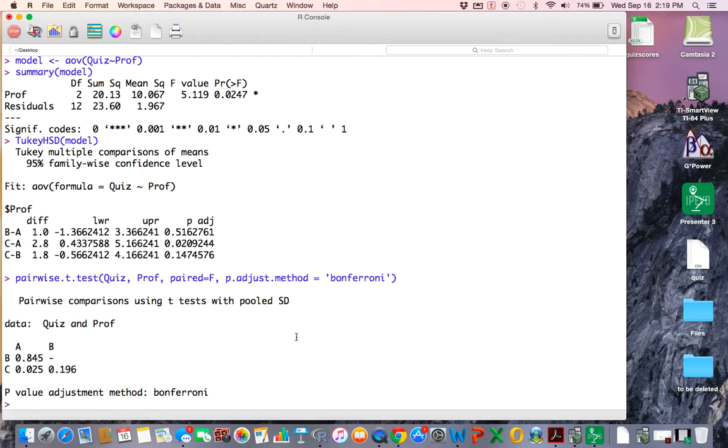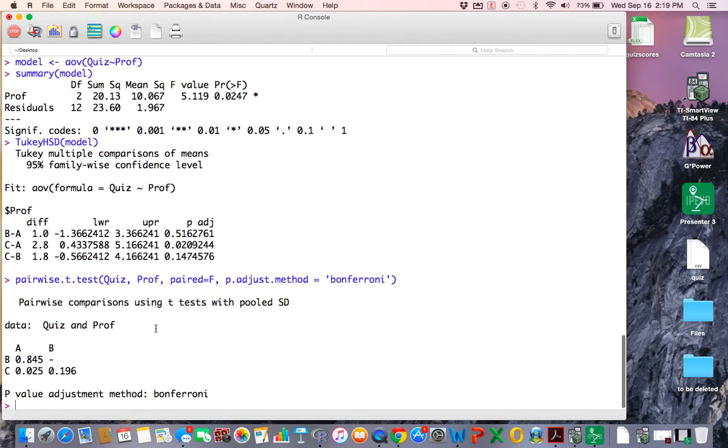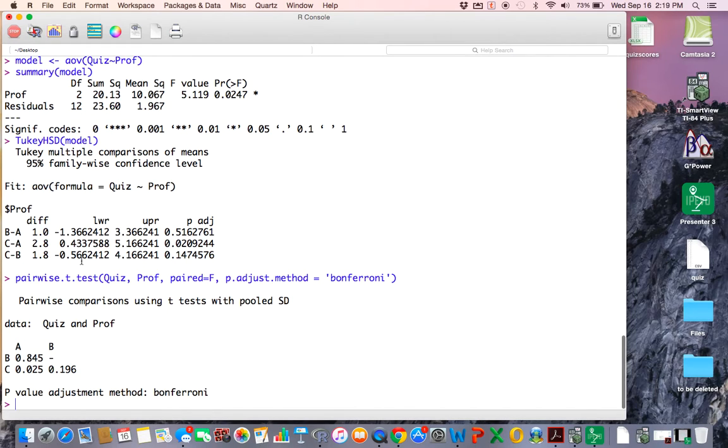So what we end up getting here is the p-values, and I think it's interesting to compare the p-values with Tukey. When we compare A to B, the Bonferroni gets a p-value of 0.845. When A to B is compared up here, they get 0.52.